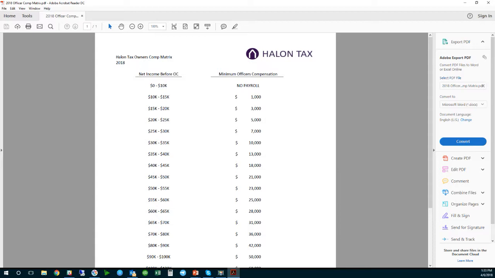The way that the matrix works, just to cover it a little bit in summary here, is you need to find the net income estimate, what you believe the net income of the company is going to be before officers and owners compensation, and then using this as a guide, come over, and this is what the minimum payroll needs to be. So on a net income of between $40,000 and $45,000, the officer's compensation needs to be at least $18,000 per year.